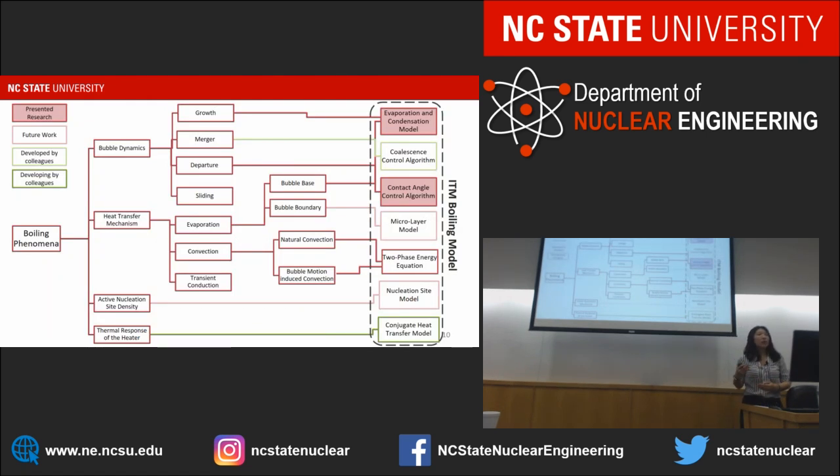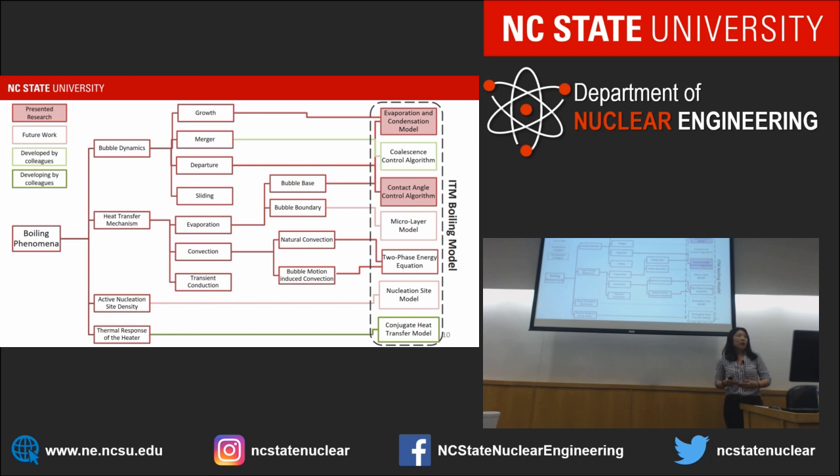This schematic plot shows the mechanisms involved in the boiling phenomenon. There are 4 main mechanisms involved in boiling phenomena: the bubble dynamics, heat transfer mechanism, the active nucleation site densities, and thermal response of the heaters. They are all tightly coupled with each other.